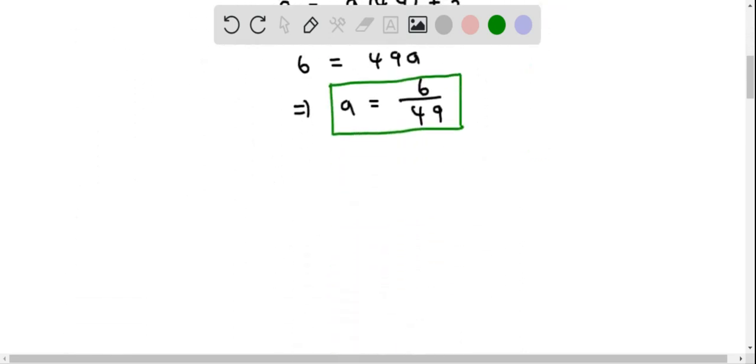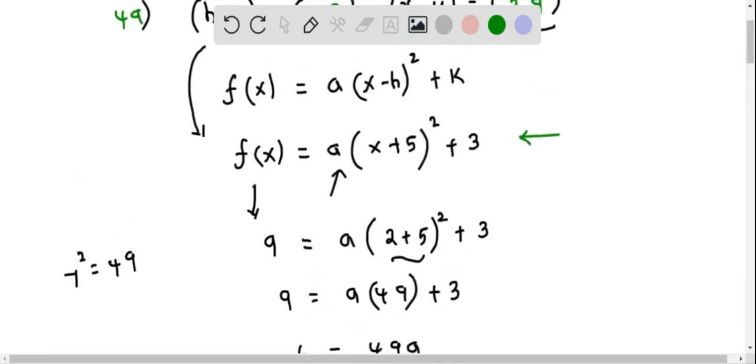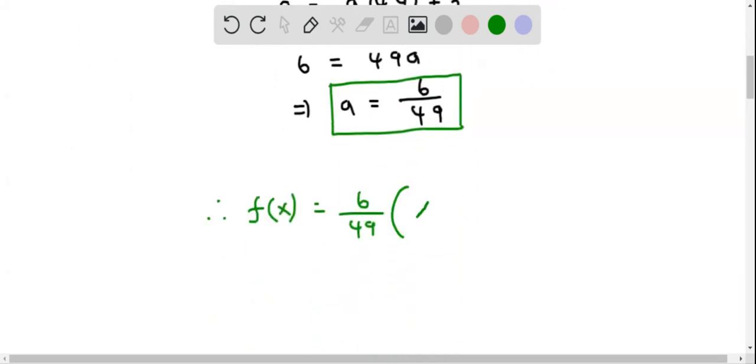Therefore we have f of x equals 6 by 49 times x plus 5 quantity squared plus 3.